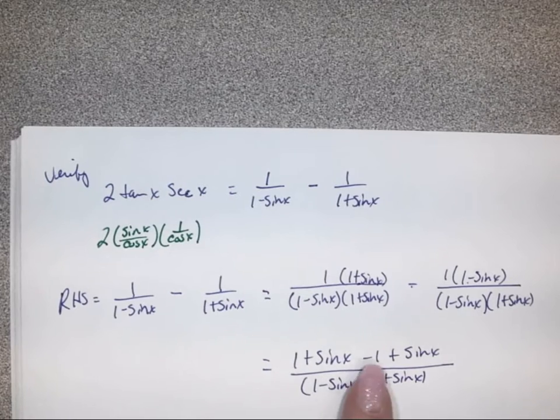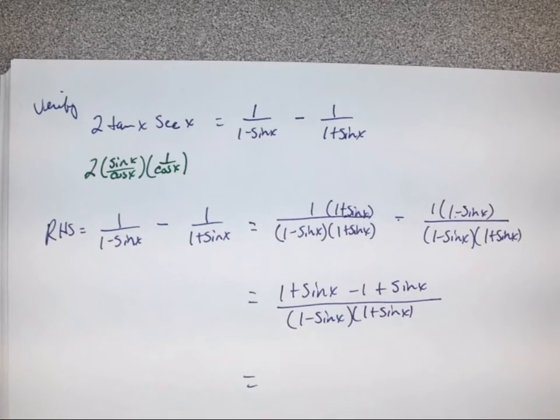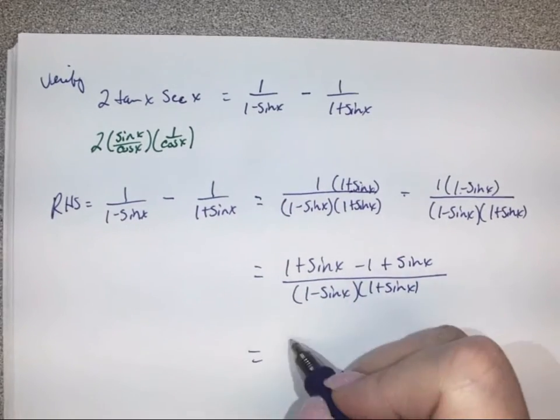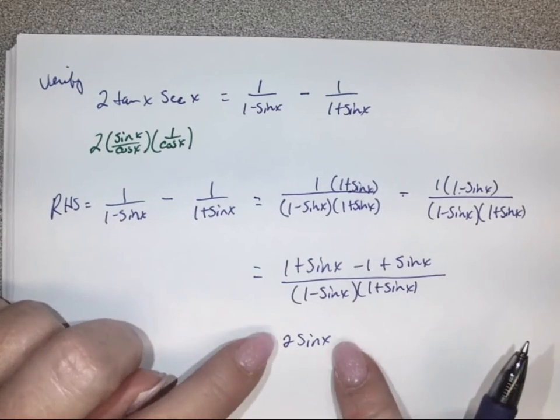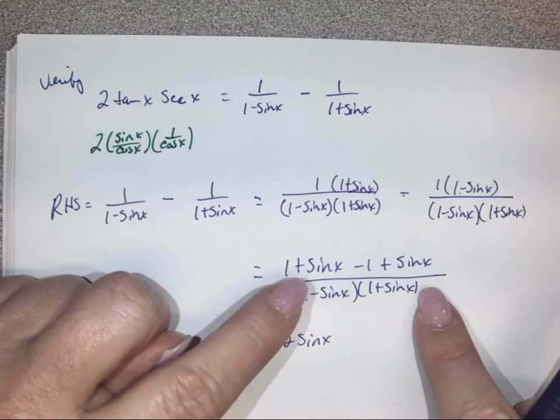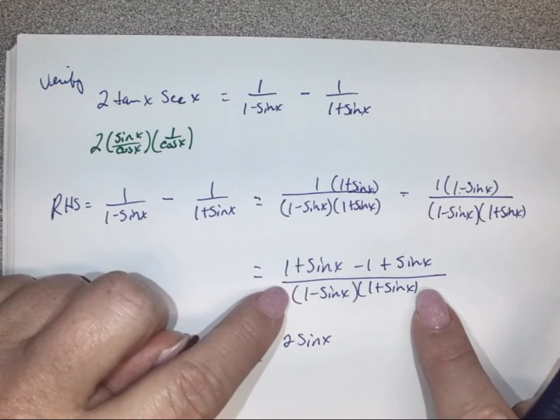So on the top, my 1's will cancel, and I have sine x plus sine x will get me 2 sine x. Now, I can see that my top is not going to simplify any further.